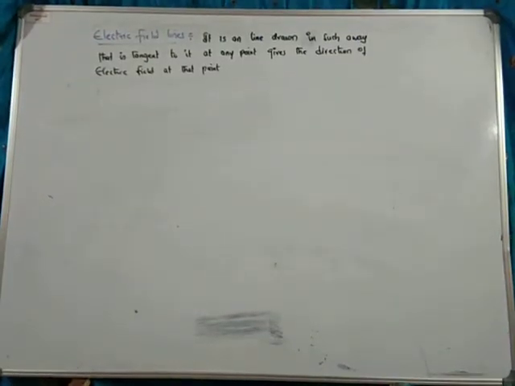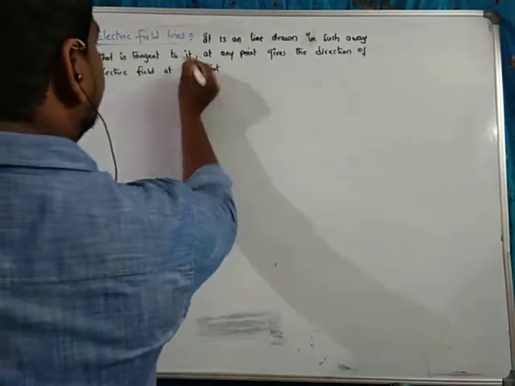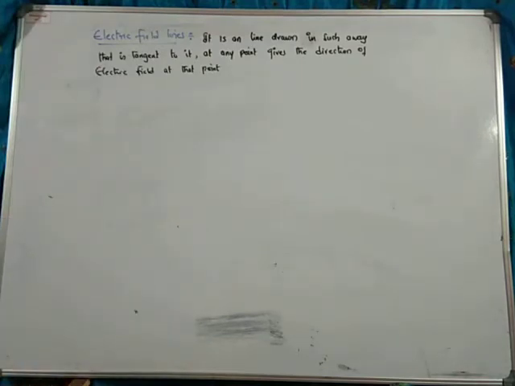So next one, electric field lines. Electric field lines are lines drawn in such a way that the tangent to it at any point gives the direction of the electric field at that point.